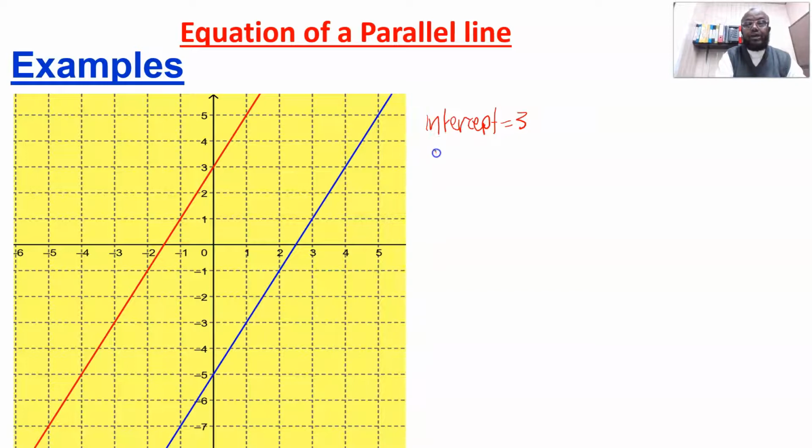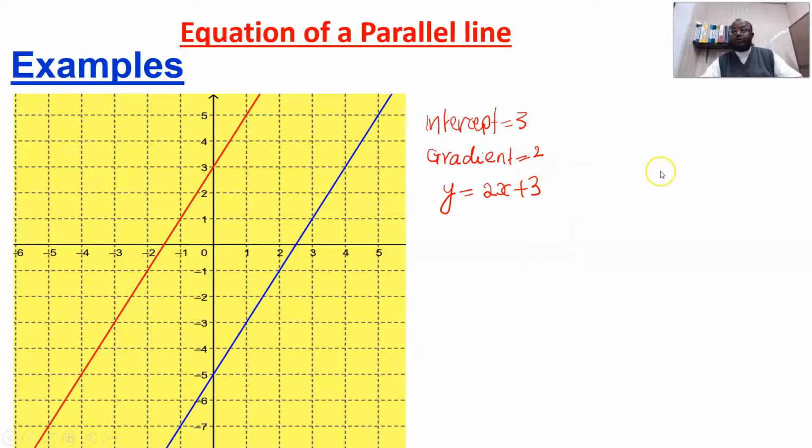And the gradient of the red line is, look, if you take 1 step horizontally, you need to take 2 steps up to get to the graph. 1 step, 2 steps up. 1 step, 2 steps up. So the gradient is 2. Since we have the intercept and the gradient, we can write down that the equation is y equals 2x plus 3. Okay, that's what we have seen.